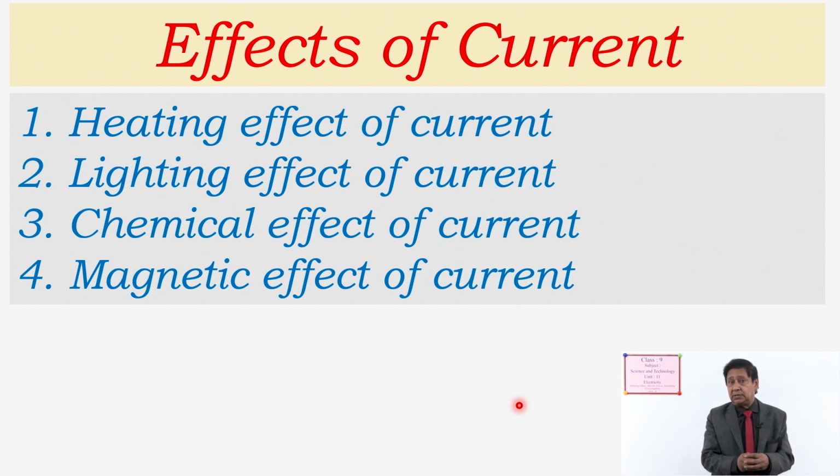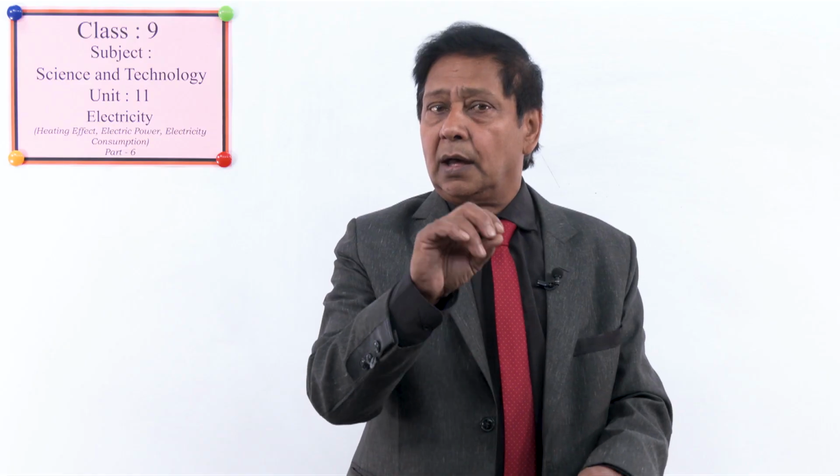Chemical effect means when electric current is passed through a solution, then the compound contained in the solution dissociates and a chemical change takes place. This process is called chemical effect of current. For example, if current is passed through sodium chloride solution, then sodium ion and chloride ion dissociate from each other.